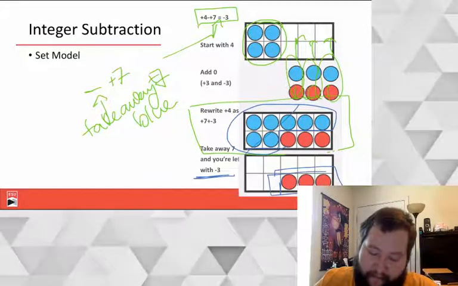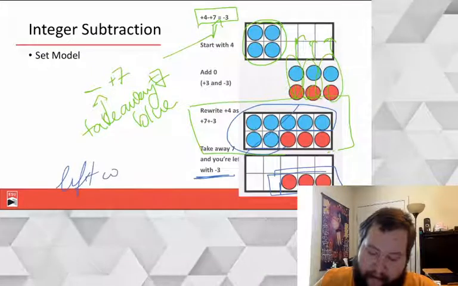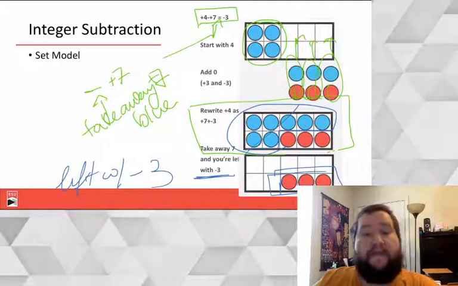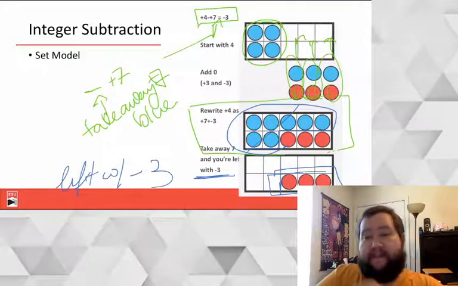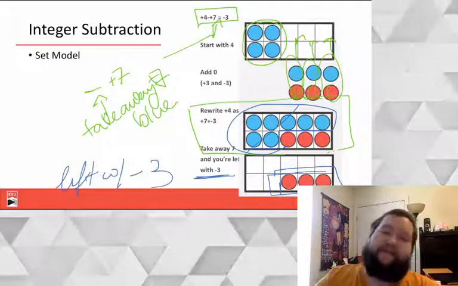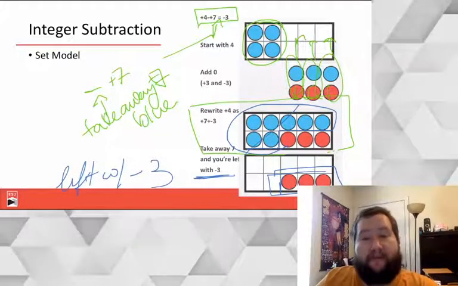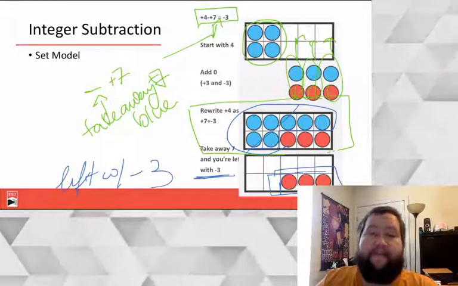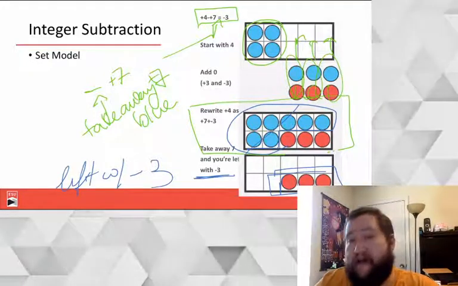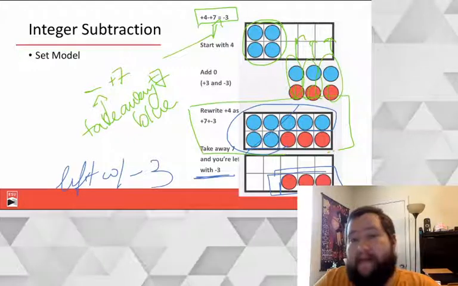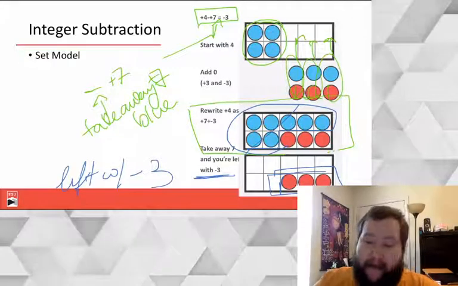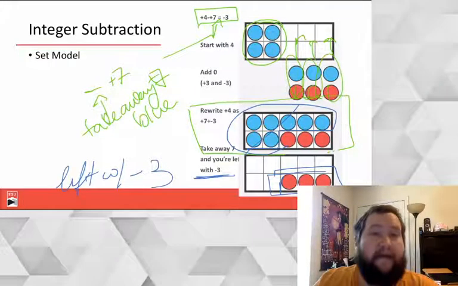We're left with negative 3. So this is how you show, through actually physically taking away, why integer subtraction works. We have this notion of zero pairs that cancel each other out. You can add 0 to a number without changing it. And so we just do that until we can take away enough of our positive chips.